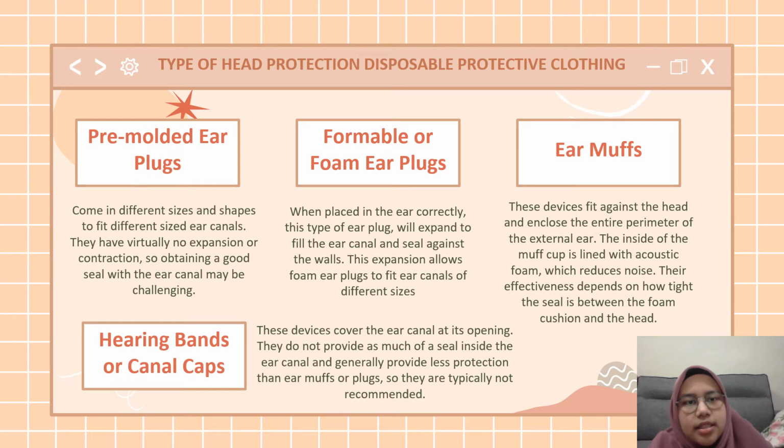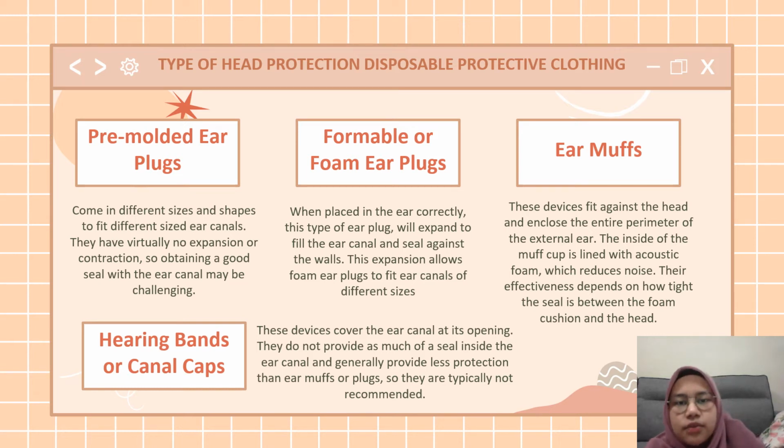These are the types of hearing protection. First, disposable earplugs, such as premolded earplugs, come in different sizes to fit different ear canal sizes, and they have virtually no expansion or contraction.